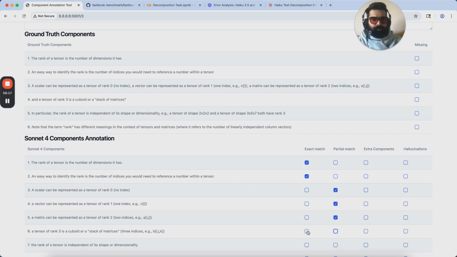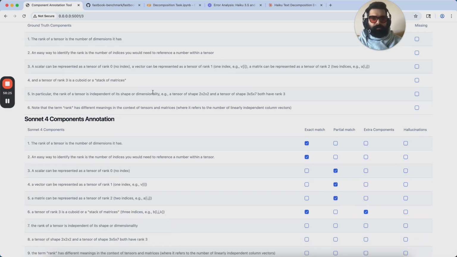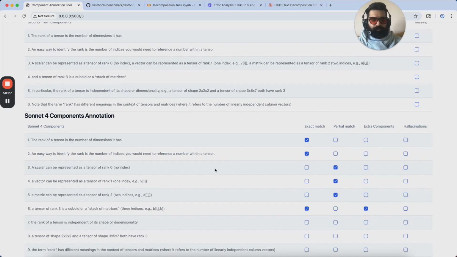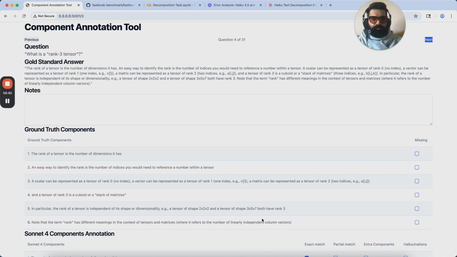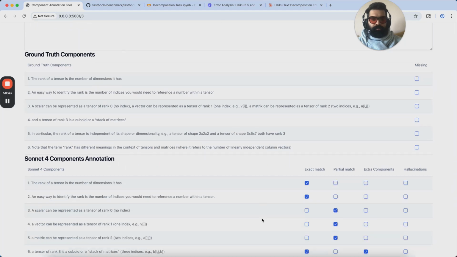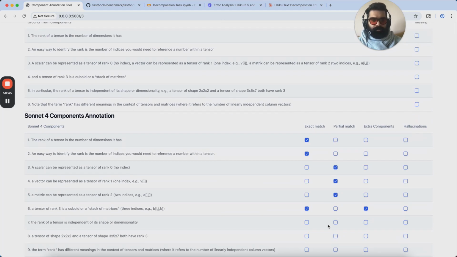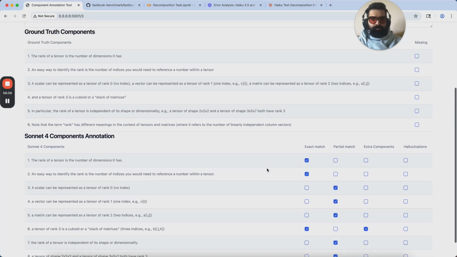Actually, I'll say this is an exact match with extra components, but we already talked about this. This is not really extra. It's just my answer components did not contain that incorrectly. The rank of a tensor is independent of its shape or dimensionality. That is there. Oh, here we go. So that's partial, partial, and close enough to be exact. Great.